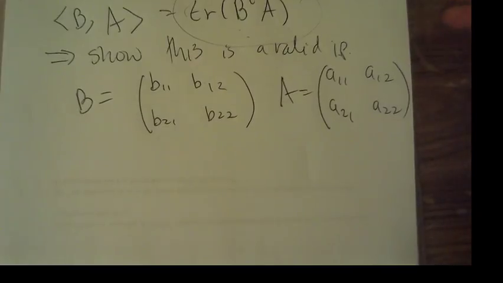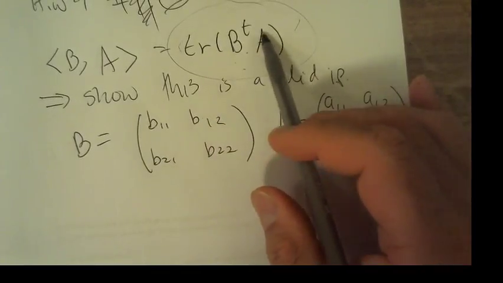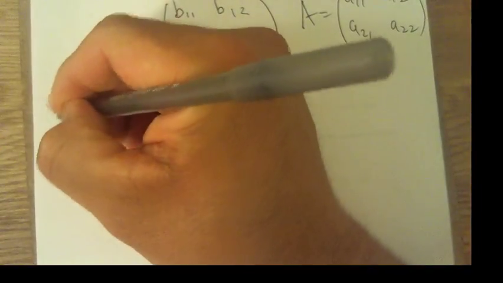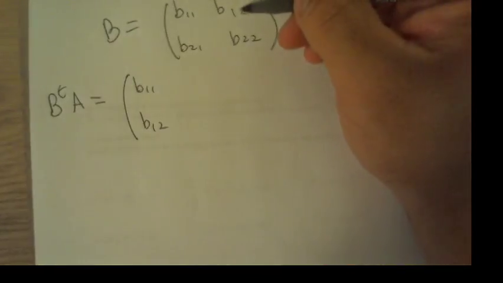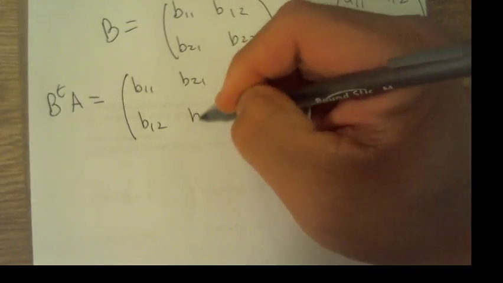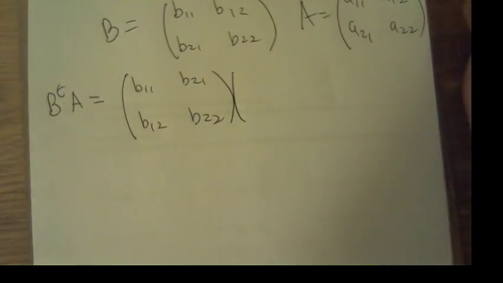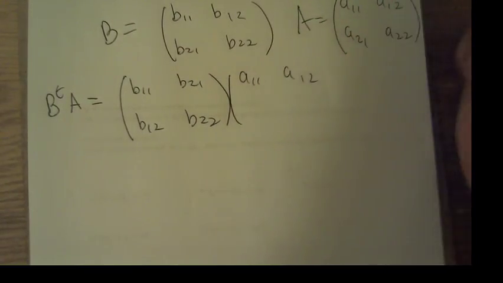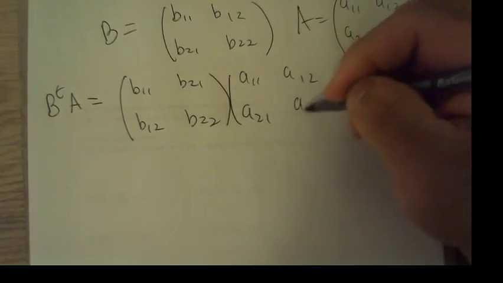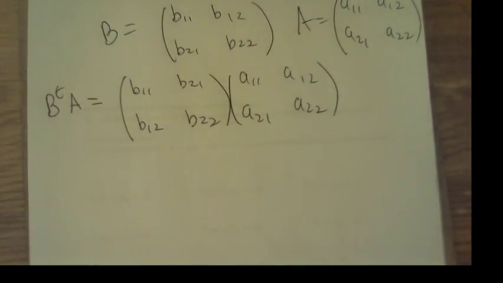All right, so I want to take that matrix and put it into this product here. If I do the transpose, B transpose of A would be B11, B12. Then it would look something like this.